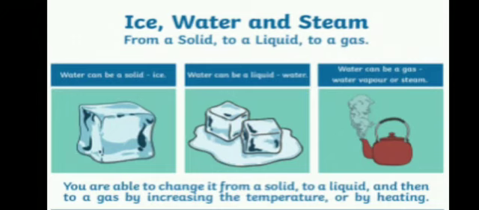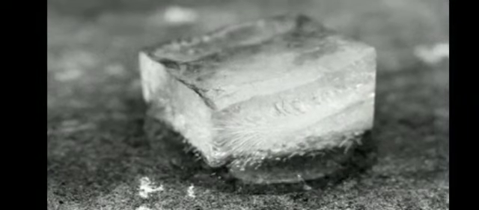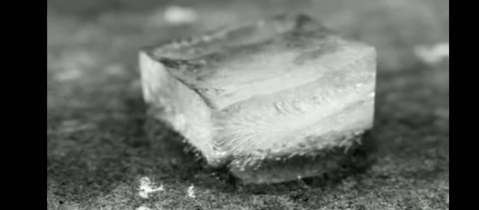We have seen already that solid is in the form of ice, liquid is in the form of water, and gas is in the form of steam. When we keep the ice at room temperature or when we heat it, it melts into liquid. And when this liquid is boiled, it goes off as water vapor or steam. See, there is a depiction of how this process takes place. This is the ice. When it is kept at room temperature, it starts to melt.